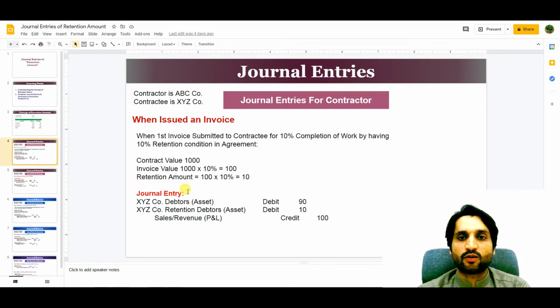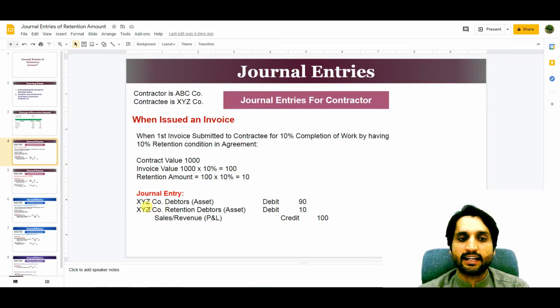So the journal entry the contractor will pass in his accounting books: XYZ company debtors asset account debit with $90, because the total invoice value is 100 and the retention is 10. So we need to debit the debtor, the contractee account, $90, and XYZ company retention debtors asset account will be debited again for $10.